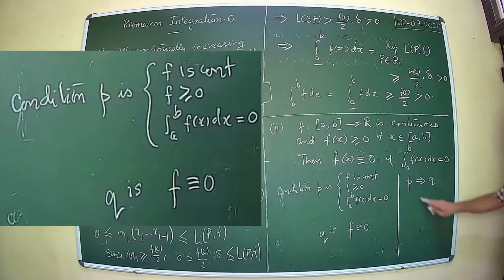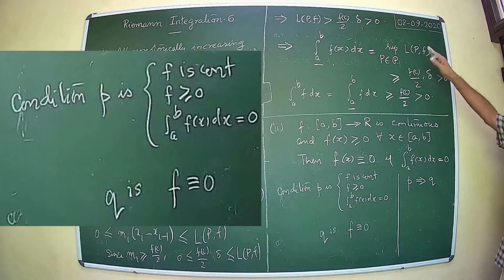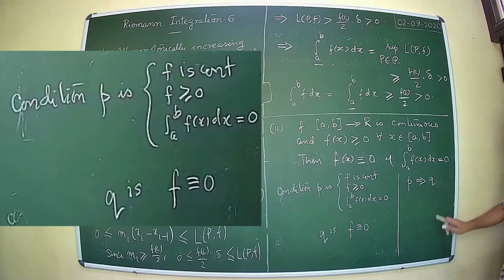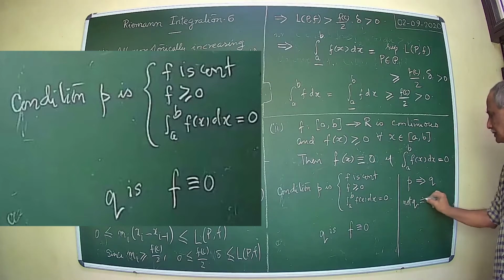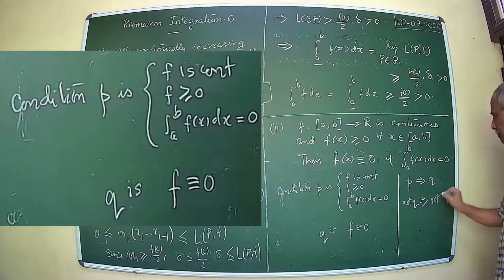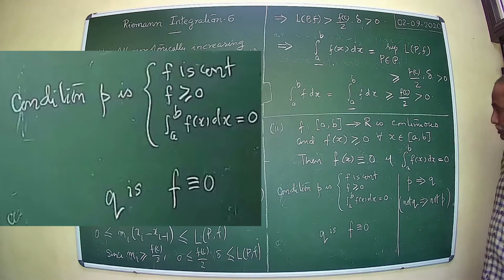How do you attempt the proof of this? It's quite easy. Use the previous result. You just gear it into that language. You know that this is equivalent to proving not Q implies not P. If you prove this, this is enough. What is not Q?